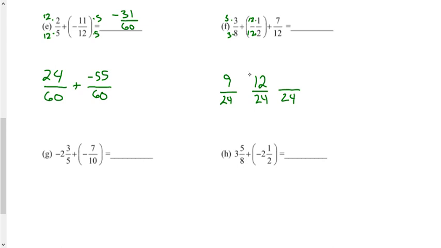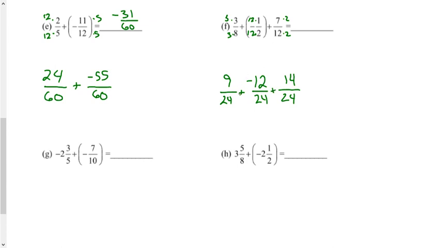And then keep in mind that's negative. And then over here, I've got to take this one times 2 to get to 24. So I do 2 on bottom and top. Looks like that. The only one that's negative is the one here in the middle.